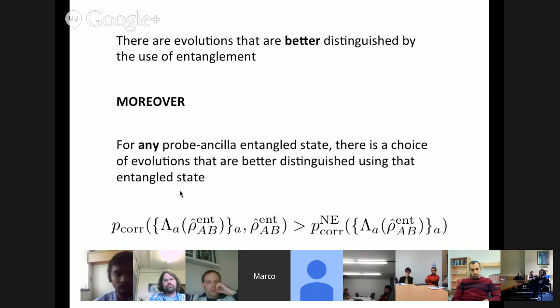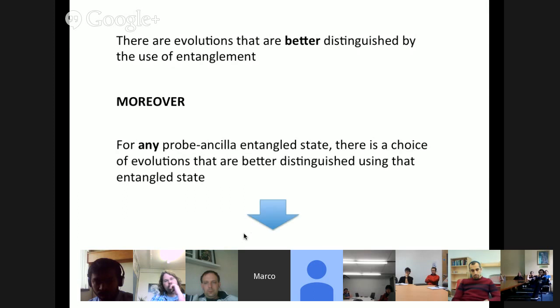For every entangled state, one can find an instrument that is better discriminated by the use of that entangled state. And here I have tried to emphasize that we are really tailoring those channels, or subchannels, sorry, to this specific entangled state. But still, there are such instances for every entangled state. So we can say that every entangled state is useful for subchannel discrimination.